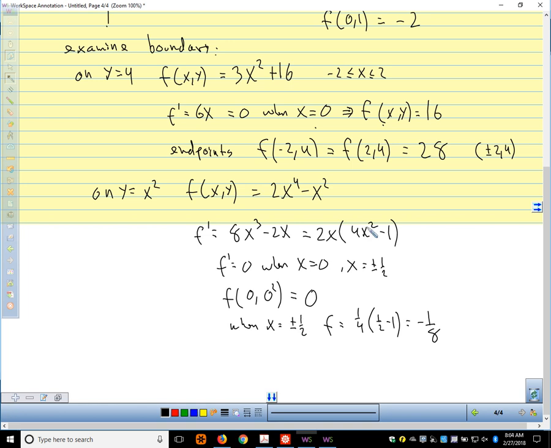So I'm substituting plus or minus 1/2 in here. It would be positive 1/8. So I'm going to say plus or minus 1/8, right? Positive 1/8 when x is positive 1/2. Still not small enough to be our absolute minimum.